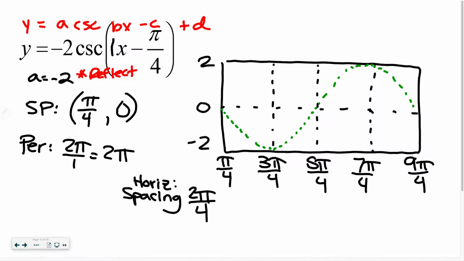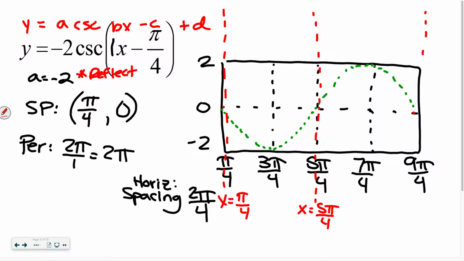Just draw that in lightly. And now I know where to put my asymptotes. Wherever these midline points are, that's when that function equals 0. So I have one at x equals pi fourths, x equals 5 pi fourths, and x equals 9 pi fourths.